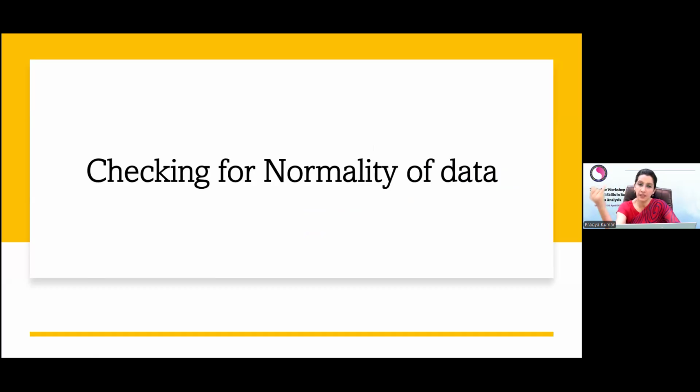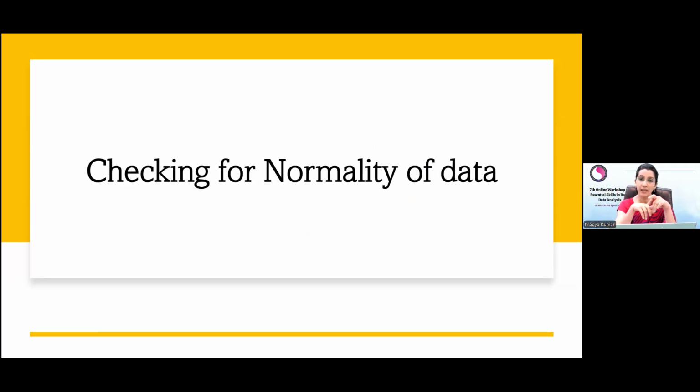So we have seen the frequency distribution, we have seen the central tendency, we have seen the dispersion, how we measure the dispersion. Now coming to whether our variable which we have measured is a normally distributed variable or a skewed one, that we need to check.